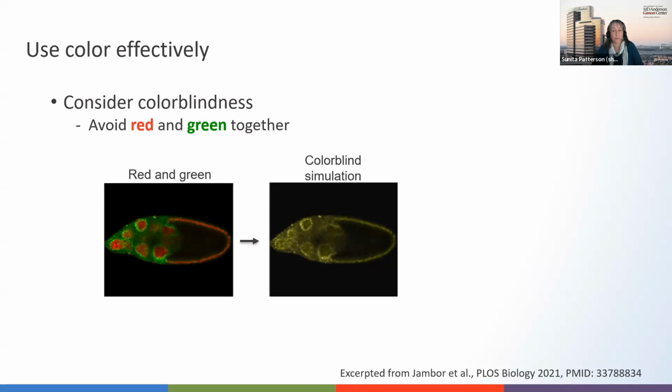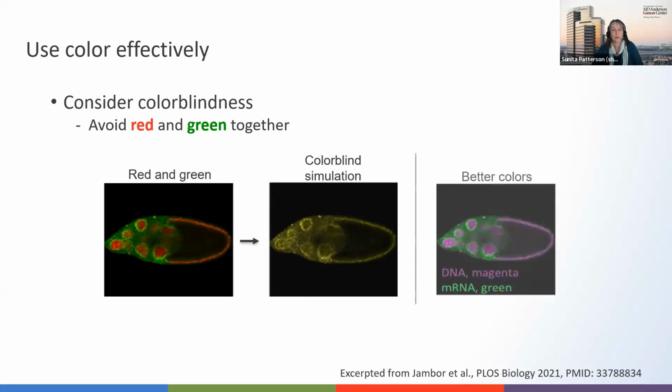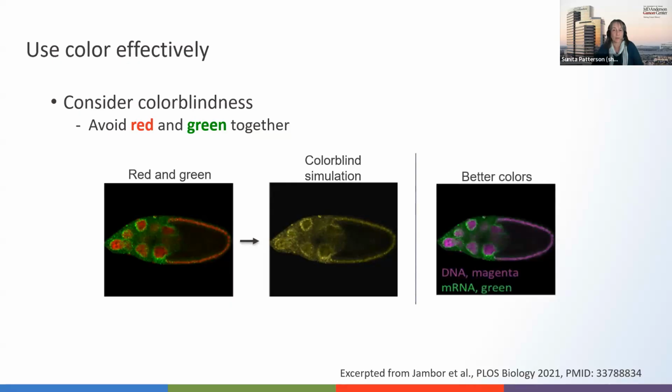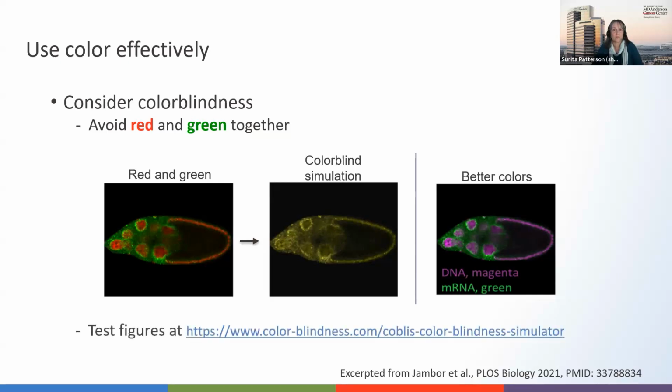It's hard to tell the colors apart. Magenta and green are a better combination. These colors appear distinct to all readers. To check whether your figures will be clear, you can run them through the Coblis color blindness simulator at the URL that you see here.